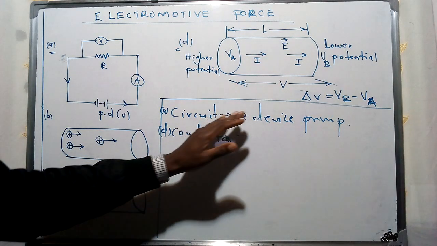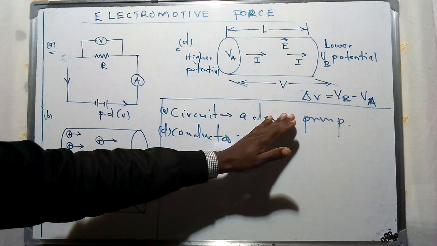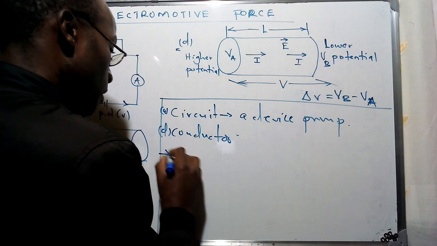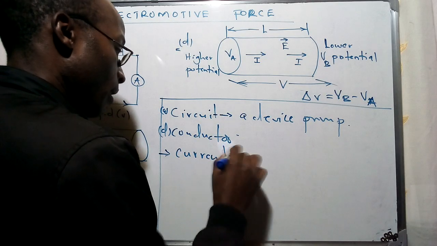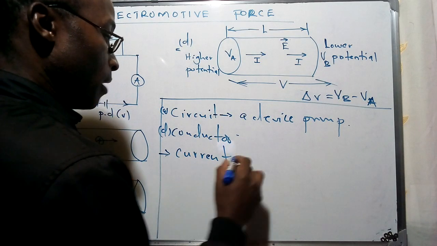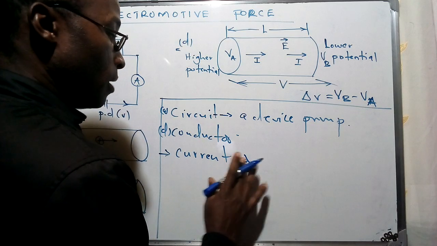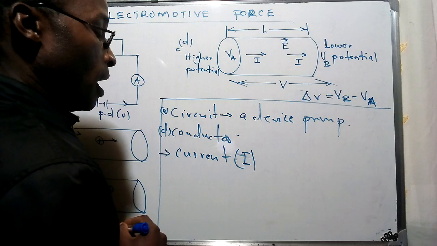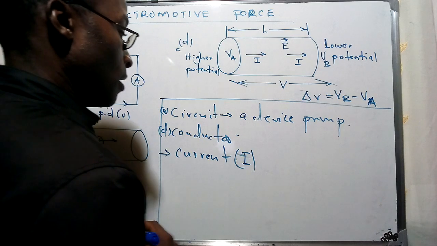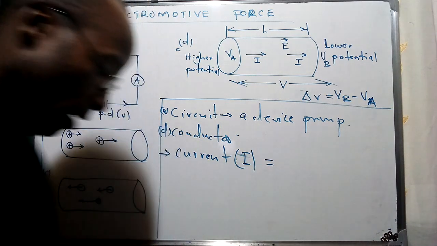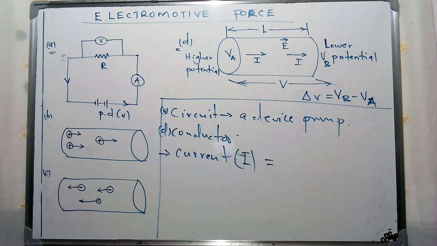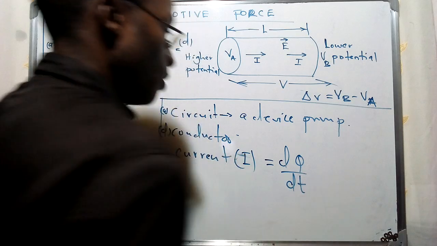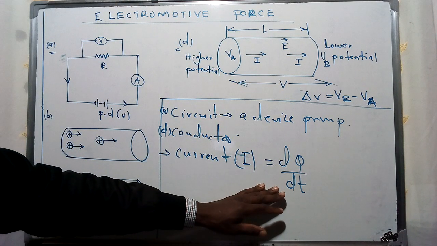Any motion of charges from one region to another defines what we refer to as current, so in this case we realize current due to the flow of charges. We give current the notation I. It can be defined as a ratio, dq over dt, the flow of charge with respect to time.